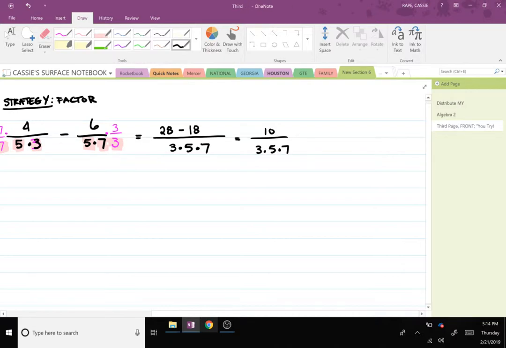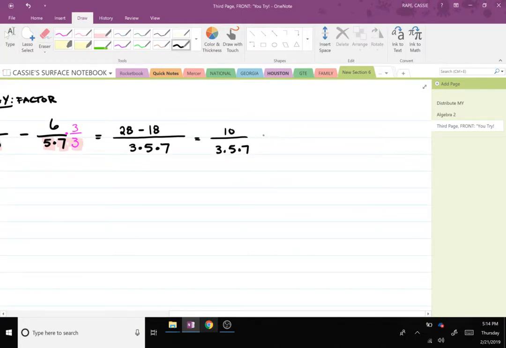And I'm almost finished. Once I've got the numerators combined and it's all in a single fraction, the only thing I need to figure out is, can it be factored a little bit more? In other words, are there any ugly ones that are still hiding within this expression? So I'm going to factor the first thing. 10 is 2 times 5, right?